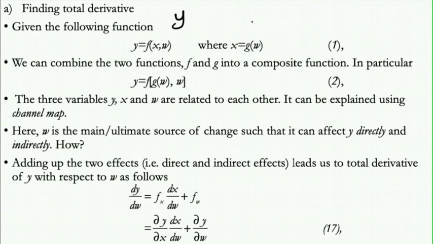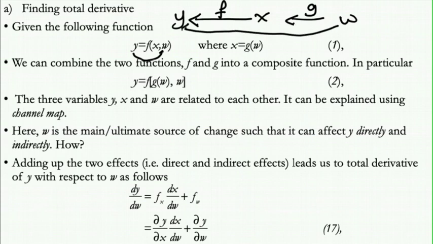Y is affected by x, isn't it, through the f function, but x is also affected by w via the g function, and we can also see here y can be affected by w also. Okay, so this is the channel map.